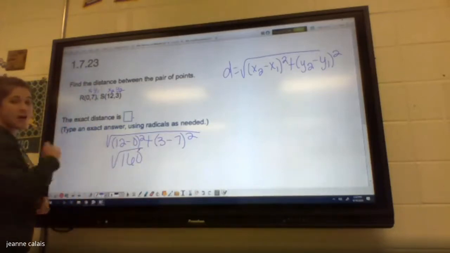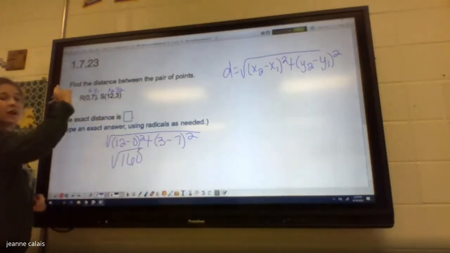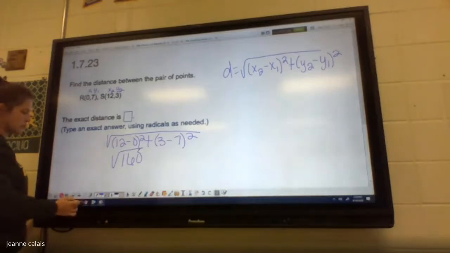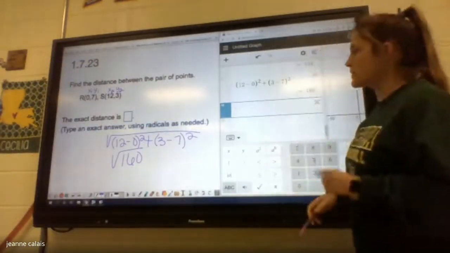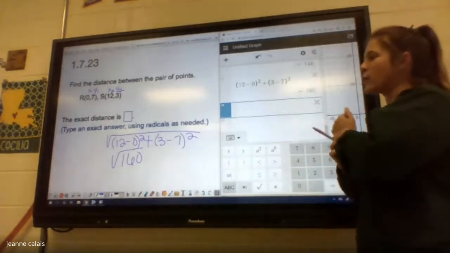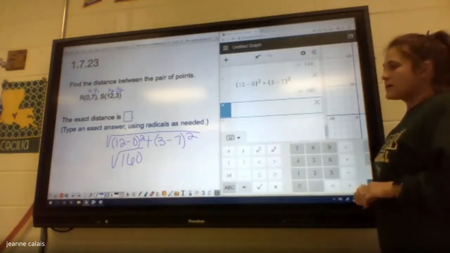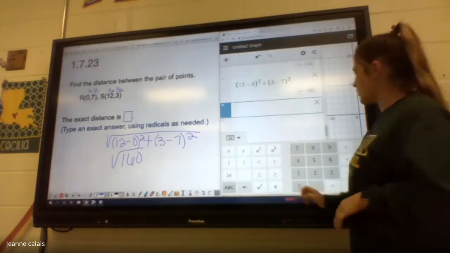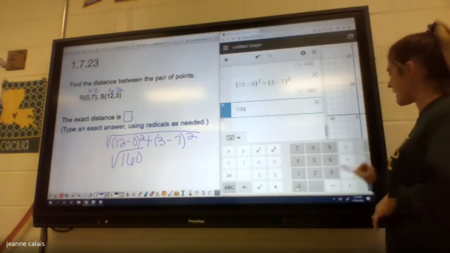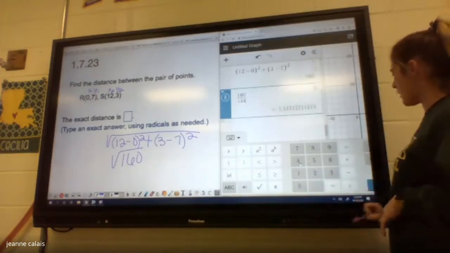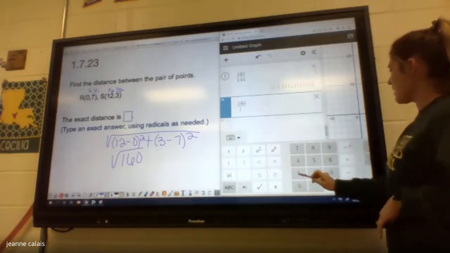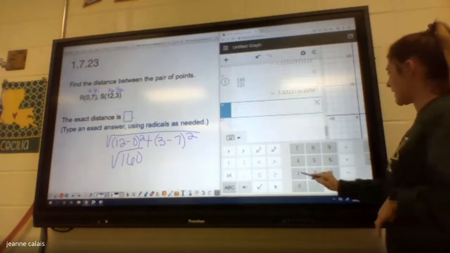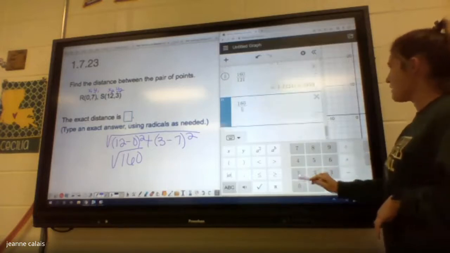That is not a perfect square, which means I need to divide up the chart like you learned in the last lesson. All right, so 160 falls between 169 and 144. So 160 divided by 144. Enter. Keep going until you get a whole number.